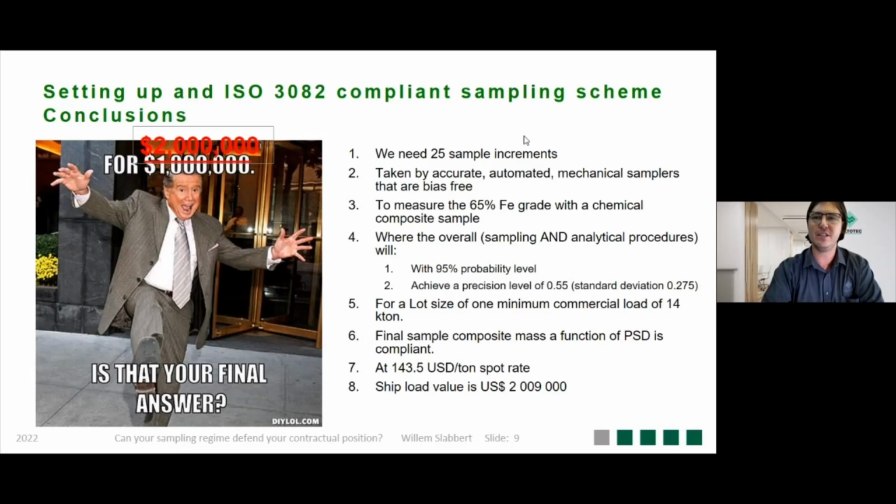So our final answer then from our scheme design is we need 25 sample increments, and we need those samples taken by accurate, automated metal accounting samplers that are bias-free.